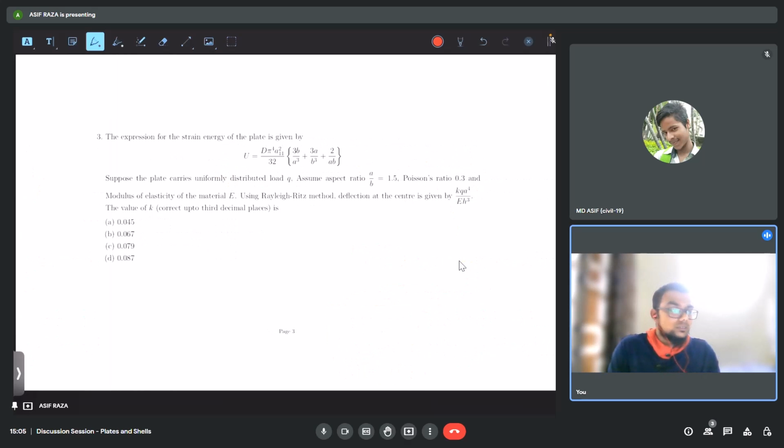Now this is the third question. We are given with the expression of the strain energy of the plate.